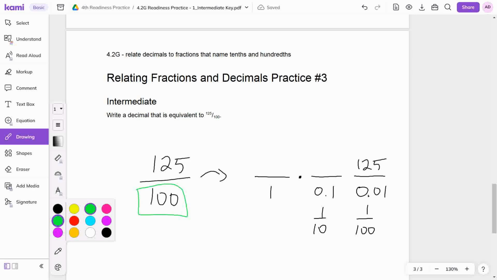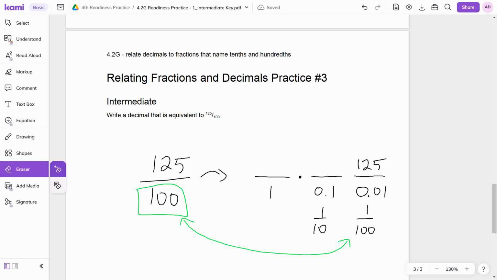That decimal that you see, the 0.01, lines up with that 100 as my denominator. So that's the place that I'm going to because that's my denominator, the hundredths place, the 1 over 100 or the 0.01. I need to figure out where the 1 and the 2 and the 5 go for the 125. And so we can't shove all of them into one place value.